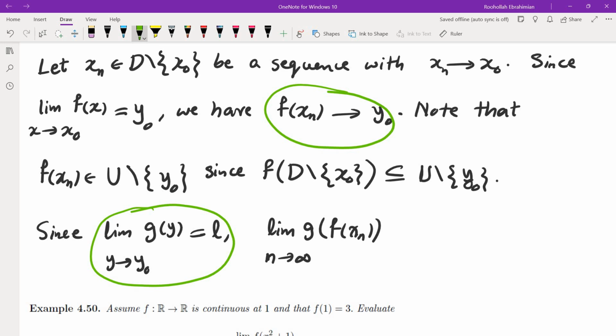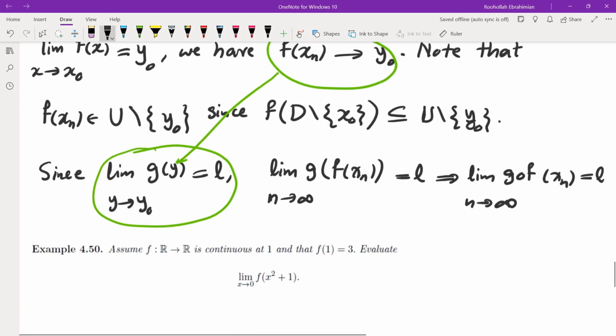If I replace y by this sequence, because that sequence approaches y naught and is inside U minus y naught, then this approaches L, and that means the limit of g o f of xn is L as n approaches infinity.